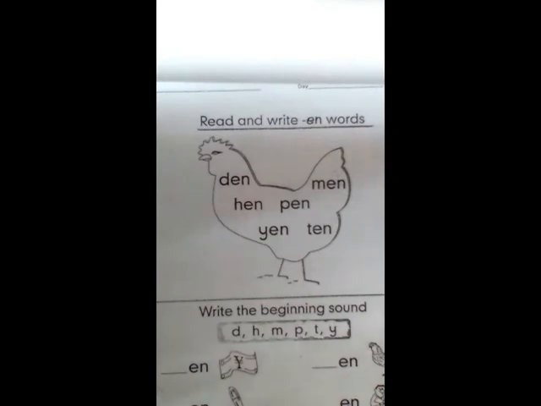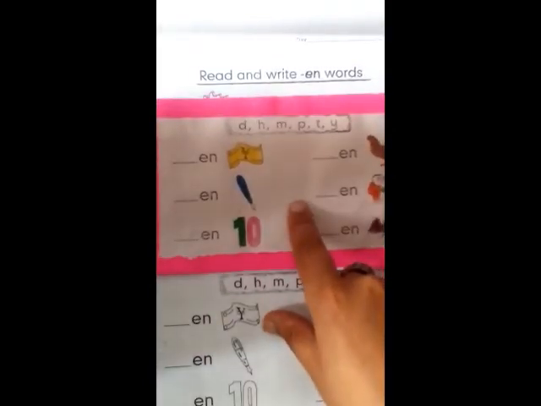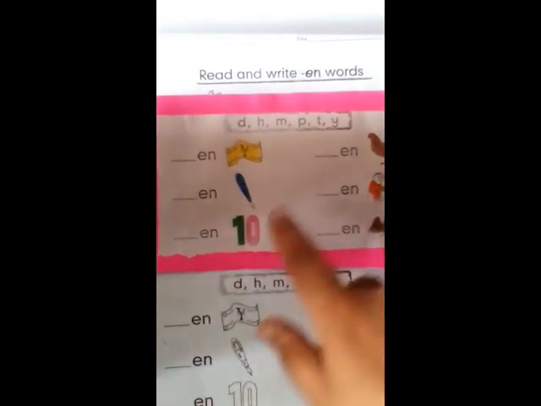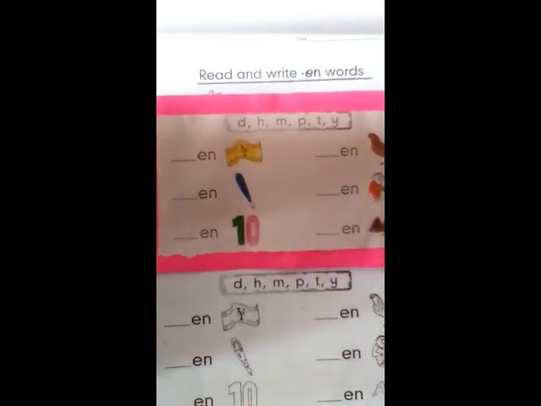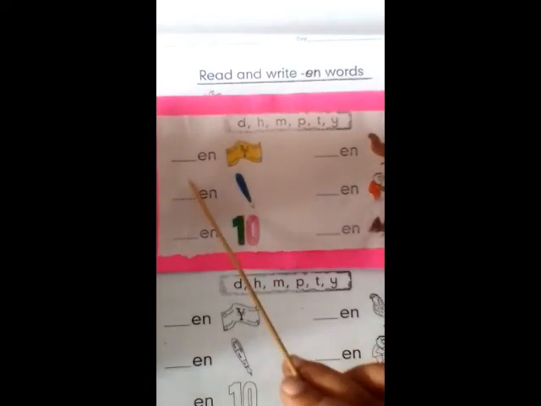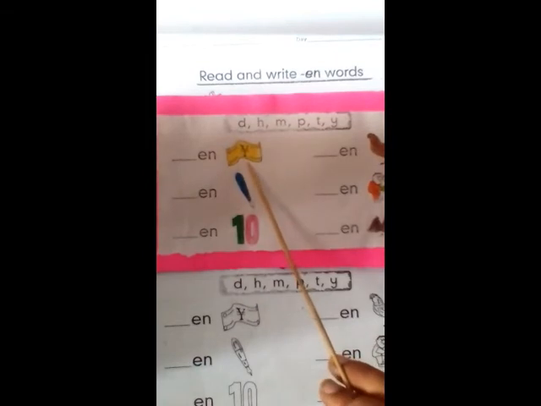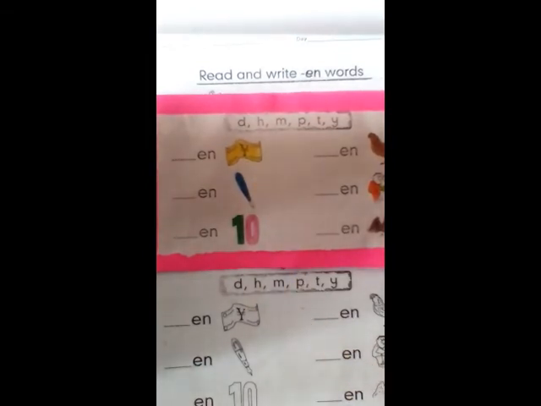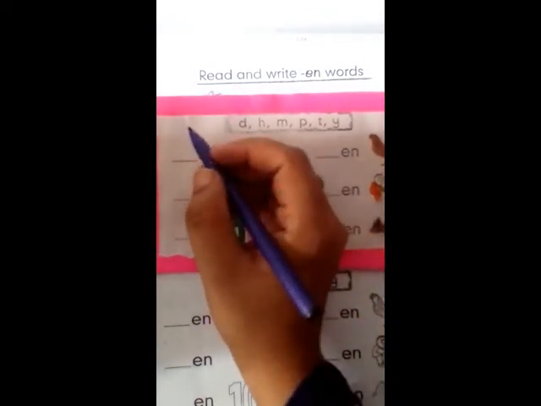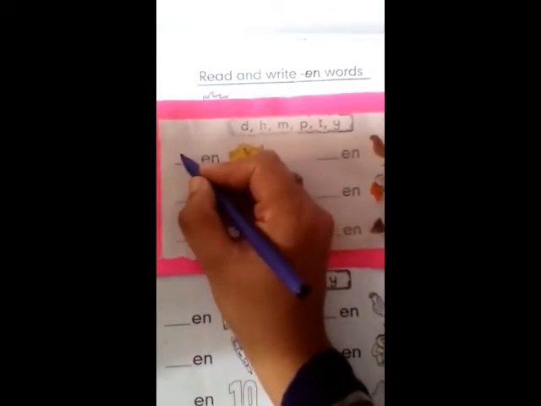I have also a worksheet over here, and also pictures. See what the first picture is, and I will tell you which letter is missing. This is yen. Which letter is missing? You write it.